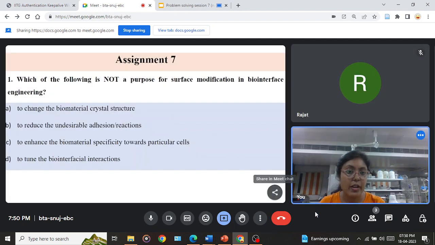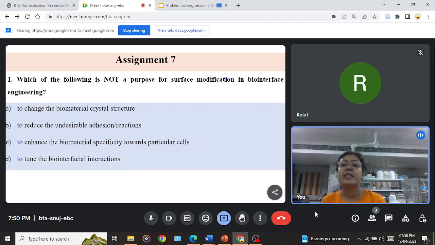Okay, so I lost my network in between. So first is to change the biomaterial crystal structure. Do we specifically want the modified surface to have an impact on the crystal structure? No, we do not want to change the biomaterial crystal structure specifically.